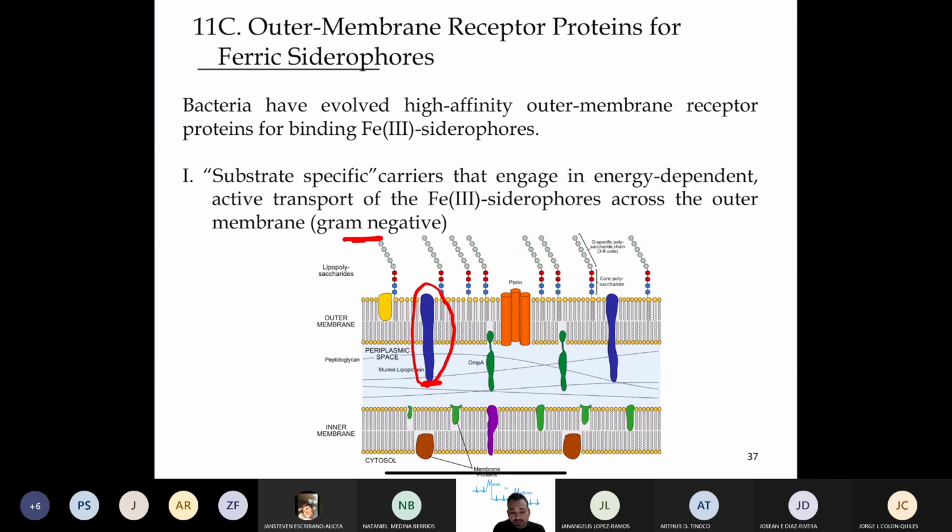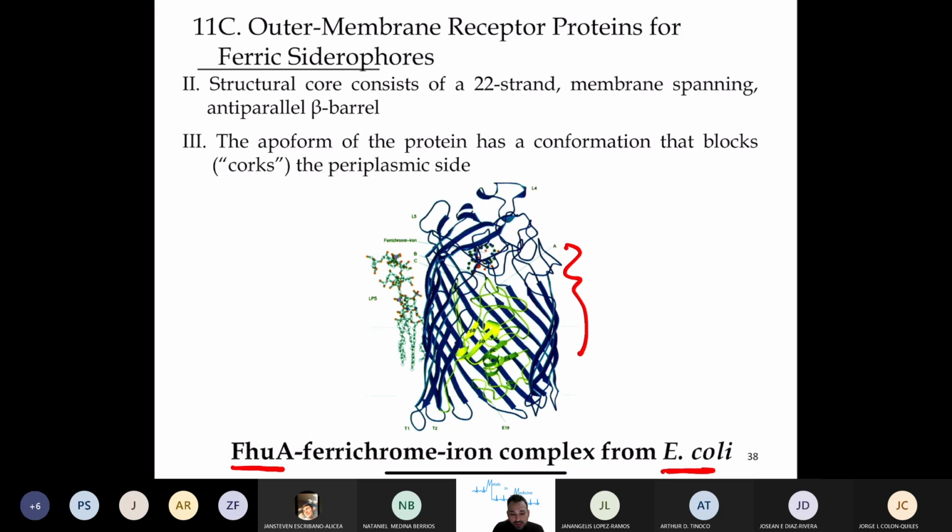It's not going to allow anything in. However, when you have the ferrichrome iron getting bound to the actual protein FhuA, what that induces is a conformational change. That conformational change will then lead to an opening of that protein so that you can actually have movement of the iron.